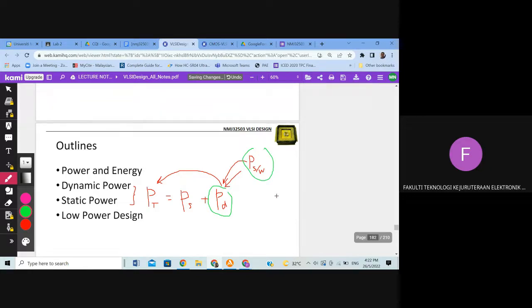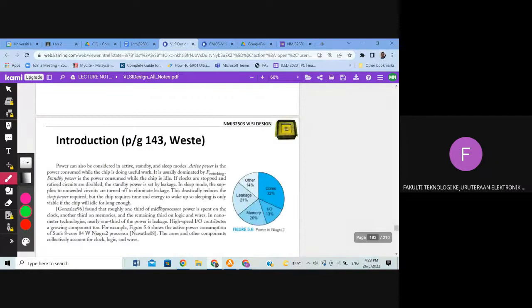That is the general relationship between the switching power inside the dynamic power and the static power, and these two contribute to the total power of our design.